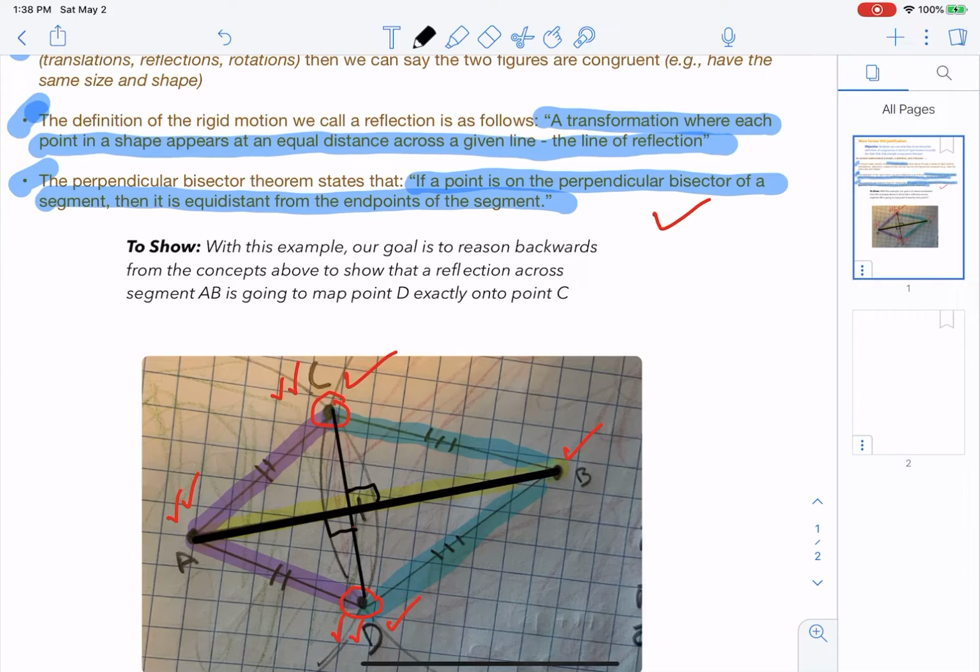Okay, so let's go backwards. The definition of a rigid motion we call reflection is as follows: a transformation where each point in a shape appears at an equal distance across a given line, the line of reflection.